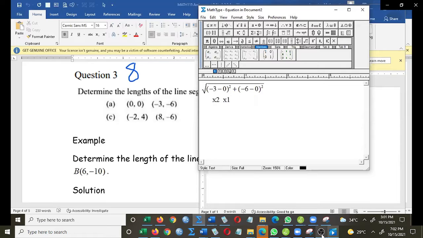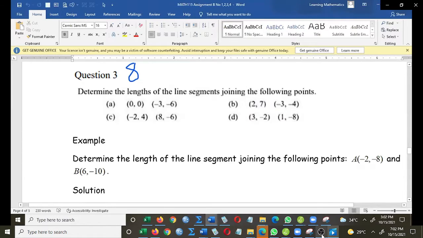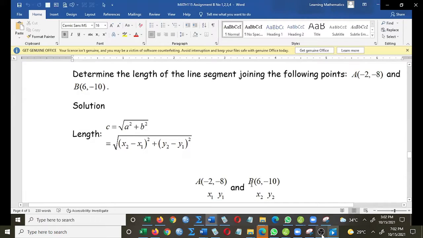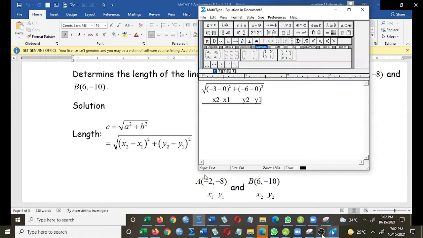Why you put -6 there? It's y2. And why you put a 0 there? y1 is 0. The reason why you did that is because of this equation.